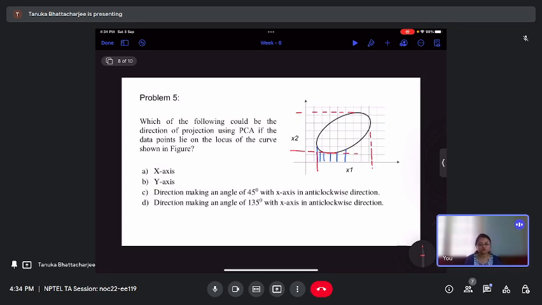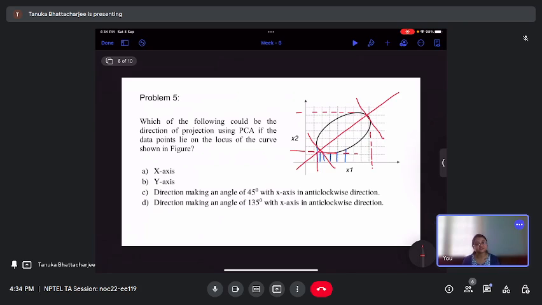If you project along the y axis, that variance is even less than if you project along the x axis. You can visually see that. Like that, if you take this particular direction, then your projection will lie in this range. So, the spread, or the variance, will be maximum along this particular direction.